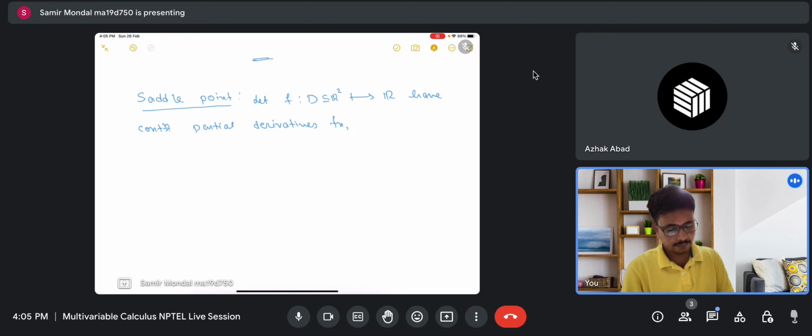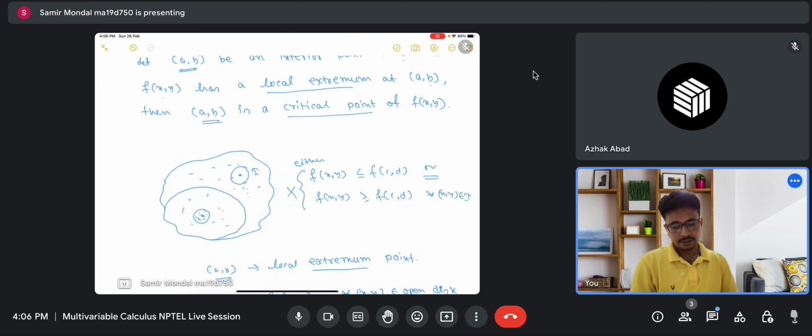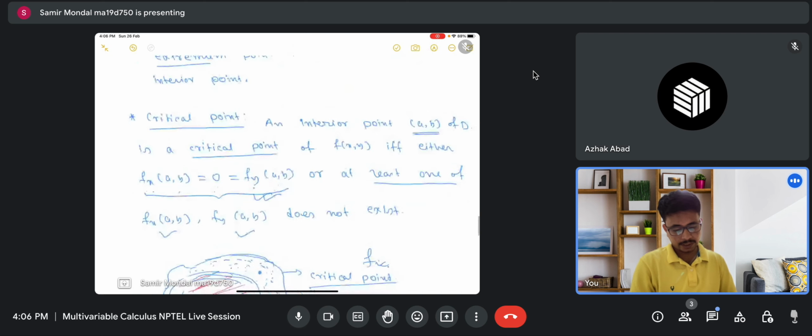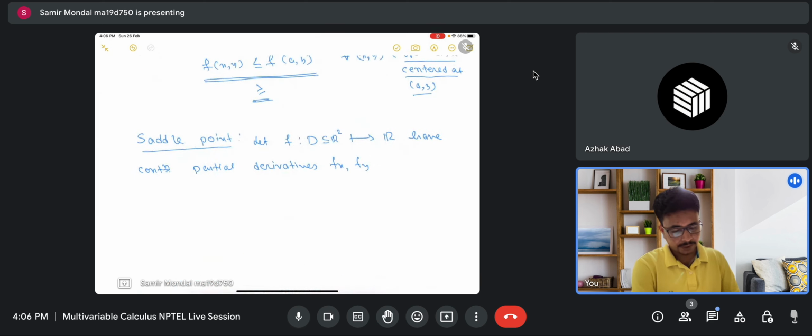partial derivatives f of x and f of y, because for your critical point this is the condition: this quantity is 0, or this quantity is 0, or at least one of these does not exist. So here we are assuming that f has continuous partial derivatives f of x, f of y.